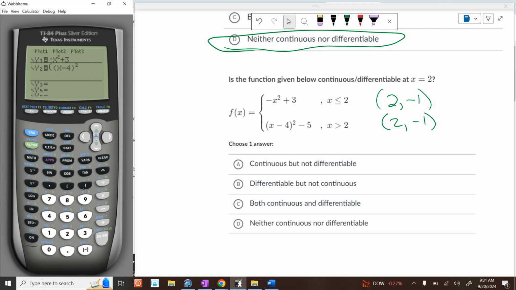And I got an extra parenthesis in there, I know, but that's fine. Minus 5. If I just close it out, same thing. All right. If I graph those two, at (2, -1), I'm going to zoom in on that.